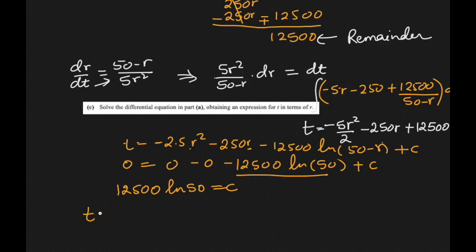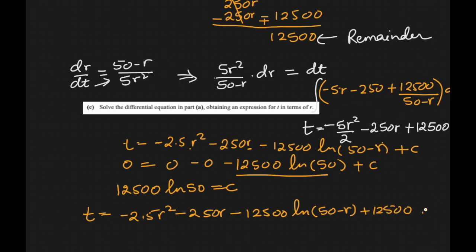So it becomes t equal to minus 2.5 r square minus 250 r minus 12500 natural log 50 minus r, and now we got c equal to 12500 natural log 50. I can evaluate this as a decimal also, but I will avoid that. They have not asked us to. This is the expression I'm getting, t in terms of r.